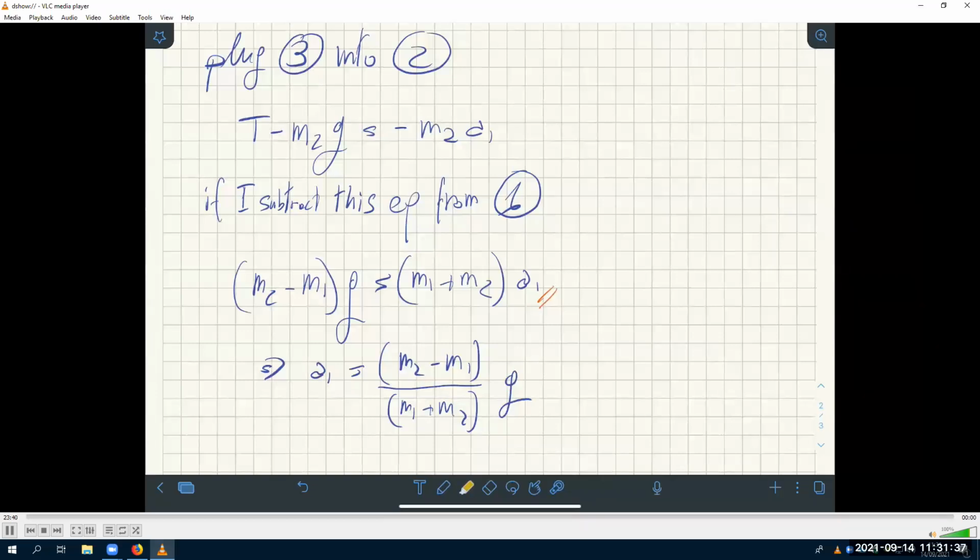And see now what I was saying: don't put numbers in yet, because we can play all sorts of games with this. What happens if m1 is the same as m2, if the counterweight is the same weight as the load of bricks? m2 minus m1 goes to 0. The acceleration becomes 0. In fact, it doesn't move. That's it.